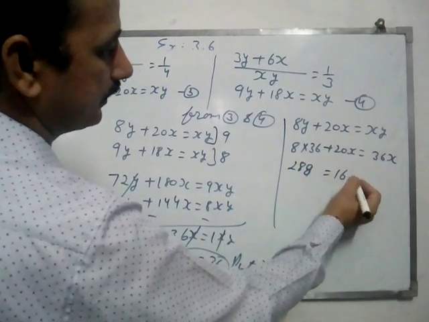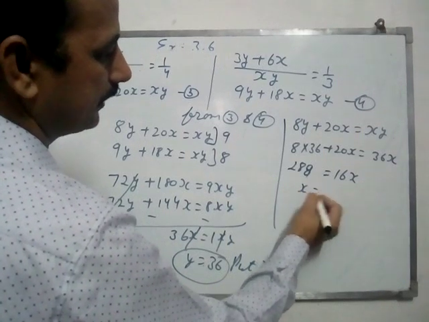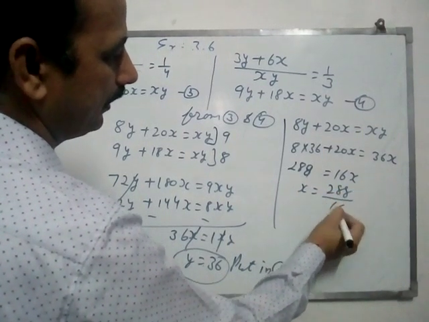That is 16x equal to 288, so x equal to 288 divided by 16.